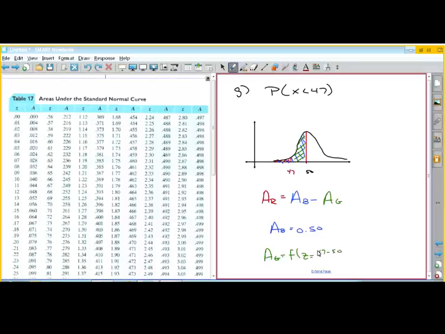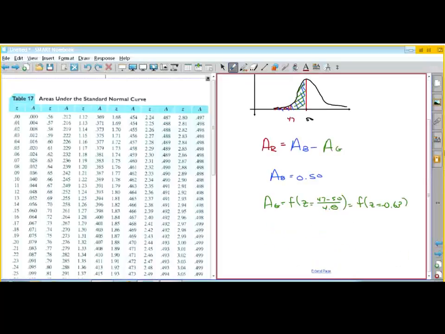So we take 47 minus 50 divided by the standard deviation. So our z-score is -3 divided by 4.8, which is -0.63. But we use the positive value of z to find the area because it's symmetric.